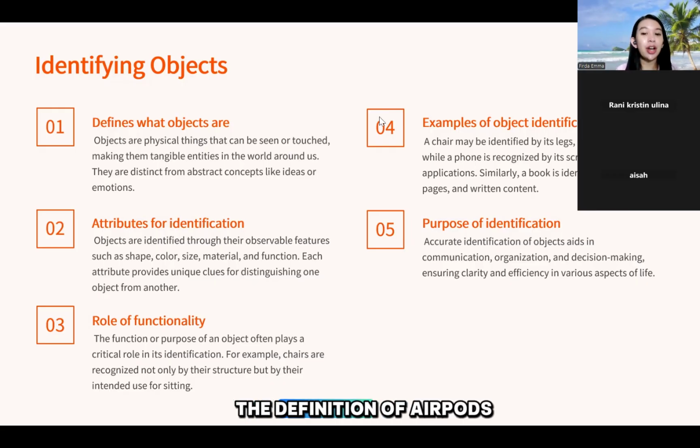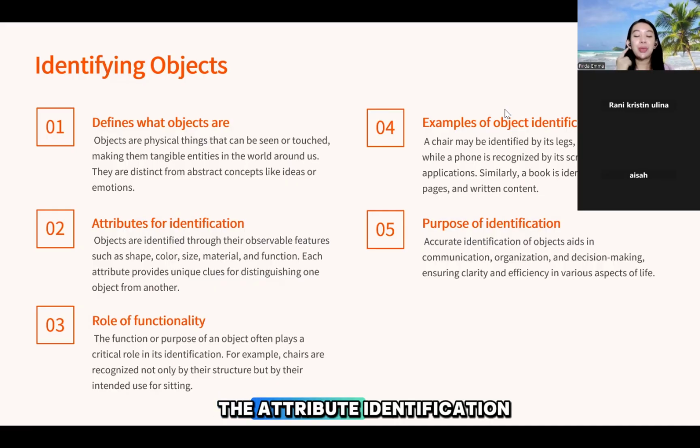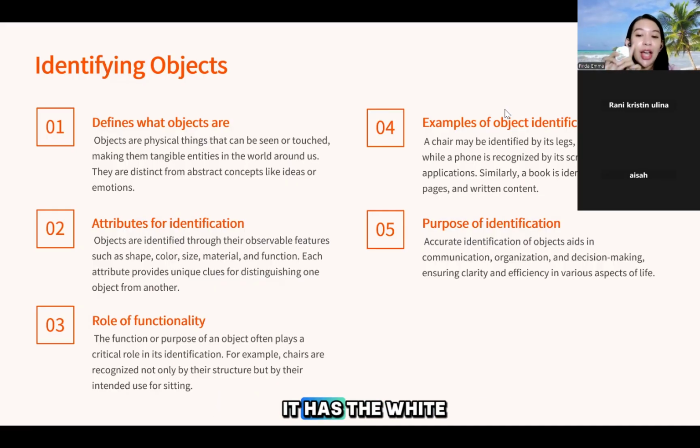The definition of earbuds is an object for listening to music or making calls to hear the voice clearly. For attribute identification, it has a white color for the case and a blue color for the earbuds. It also has a small size and the material is plastic.